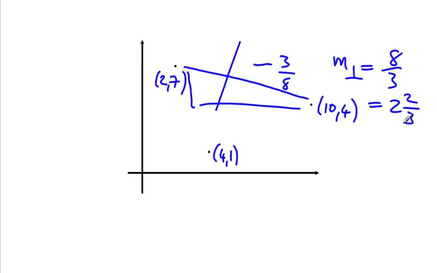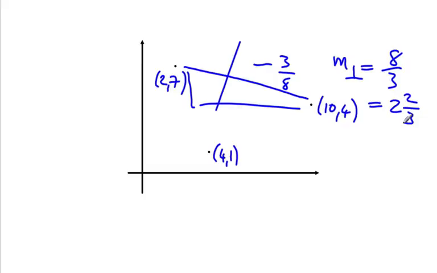Any suggestions out there? You either do the conversion from 8 over 3 to 2 2/3, which is clearly bigger than 2 because it's got that 2/3 bit on it.